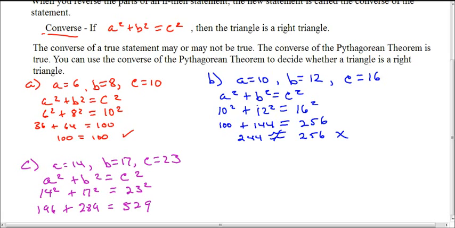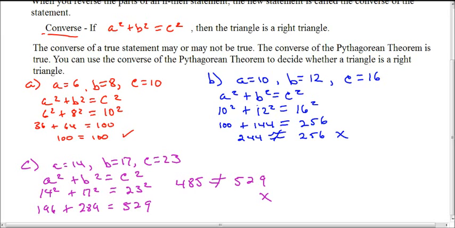If I add 196 plus 289, I know we get a number with a 5 on it, and that's true. I'm getting 485. So here I see that 485 does not equal 529. So the answer is, again, no, it is not.